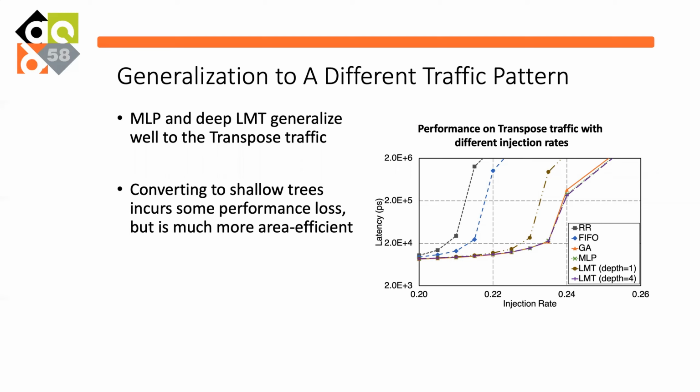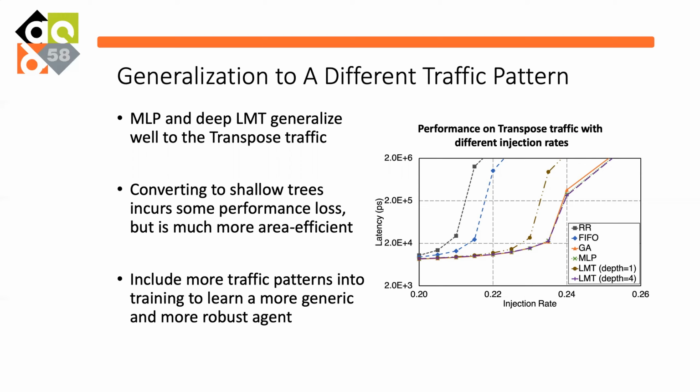The linear model tree with depth of 1 performs slightly worse, but recall from previous slides that it is much more area efficient than the other two learned policies. All the learned agents outperform the round-robin and FIFO baselines by a large margin. To make sure the agent can generalize well to different traffic patterns, in practice, we should try to include more traffic patterns into the training traffic.